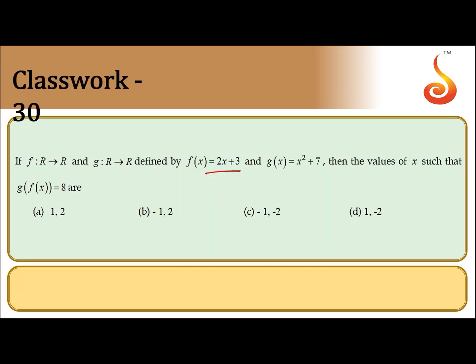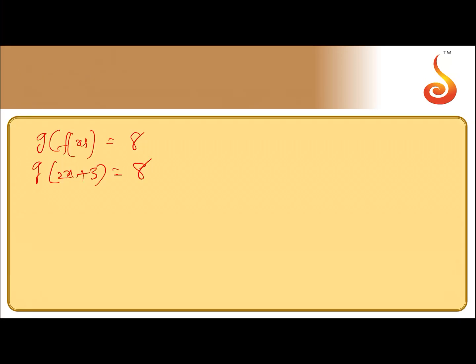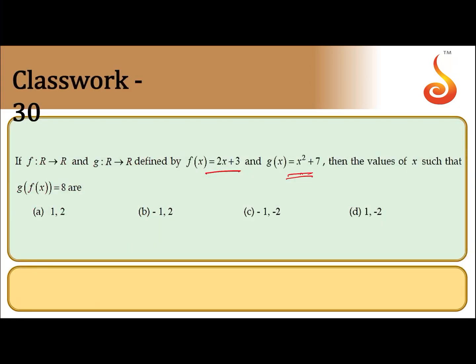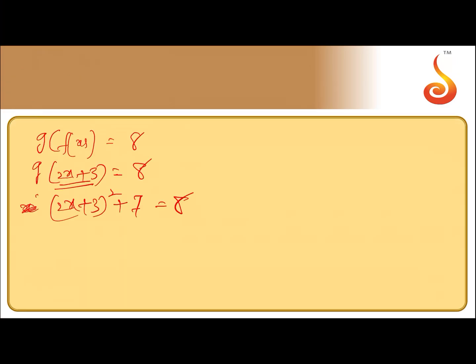But what exactly is the g function? It is x square plus 7. So g is nothing but x square plus 7. In place of x, you replace it by 2x plus 3. This is (2x plus 3) square plus 7 is equal to 8.